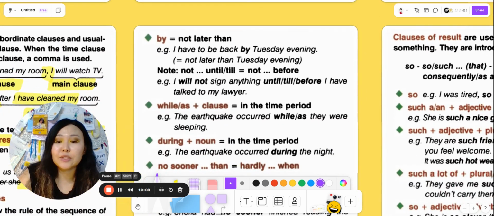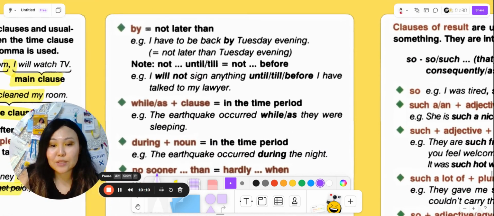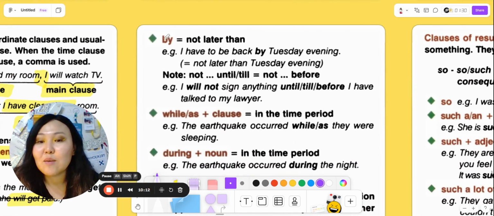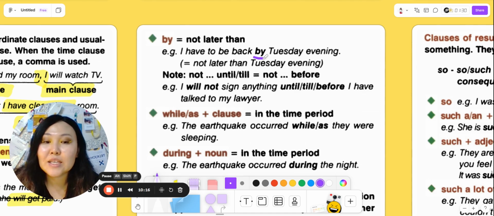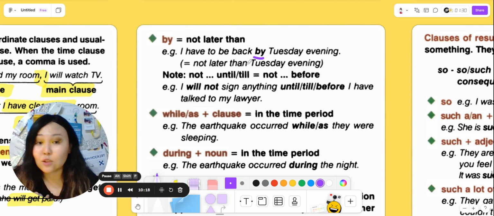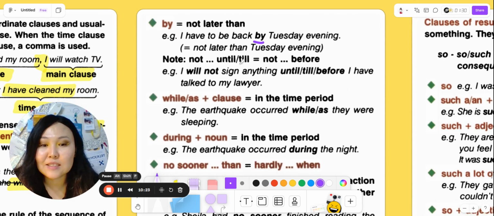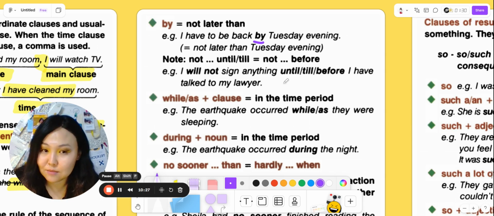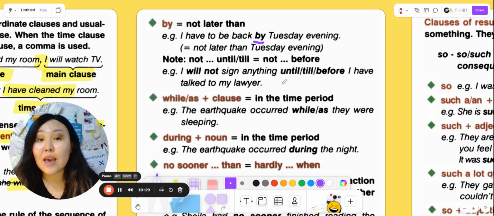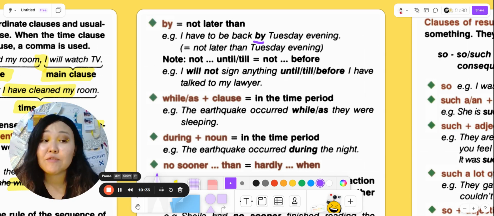Yeah, I'm sure you know all these words, but just in case, we are going to revise them. By, not later than. I have to be back by Tuesday evening, so not later than Tuesday evening. Not until, till, not before. I will not sign anything until I have talked to my lawyer, or I will not sign anything before I have talked to my lawyer.